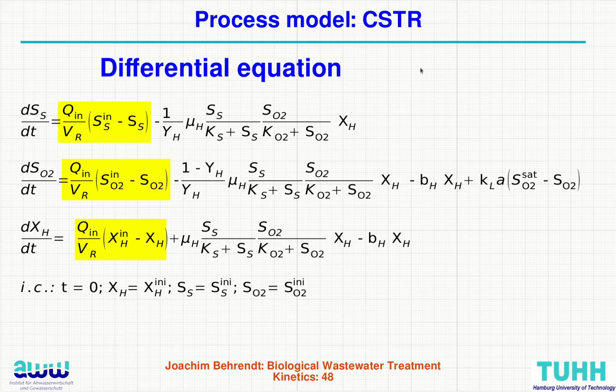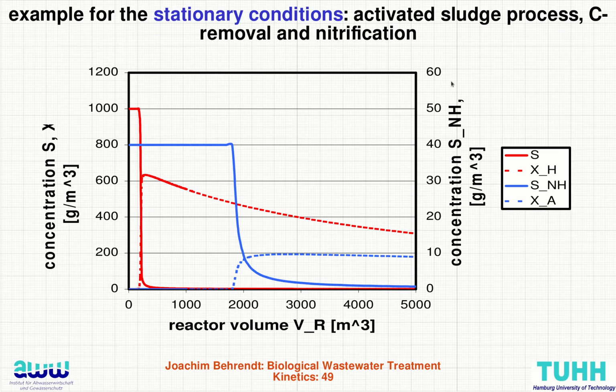If we analyze this, we will see we would need quite big volumes to do so, but therefore we will do some adaptations. And here, for our two types of variables, the heterotrophic and the autotrophic microorganisms, is shown the influence of the reactor volume on the concentration in the reactor or in the outflow. And there we see, if we have very small reactors, nothing happens.